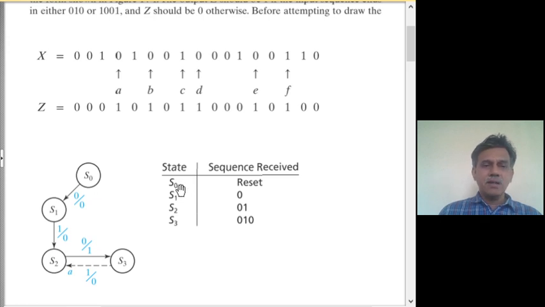So, state S0 is something like a reset state where no pattern has been detected. S1 corresponds to receiving a pattern 0. S2 corresponds to a case where a pattern 0, 1 has been received. There might have been input bits before that, but we are only noting down the partial pattern that is of interest to us, ignoring anything that has occurred previously.